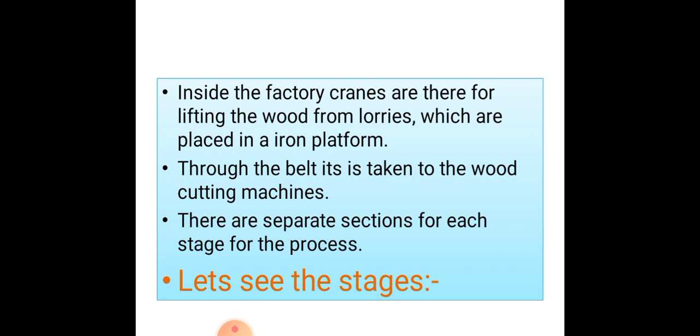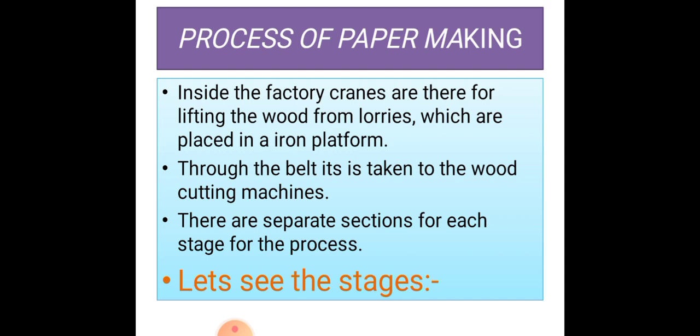That is when the lorries enter the gate, and then those woods are lifted by the cranes which are there in the factory, not by humans. And the cranes put them down on a belt where it goes through the cutting machines, and then there are separate sections for each process of paper making.